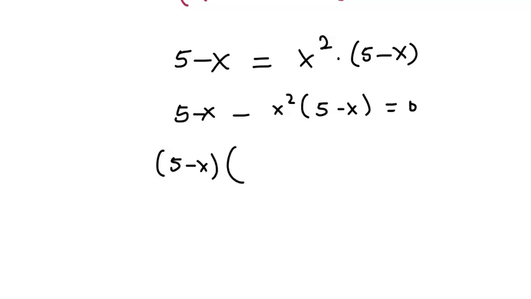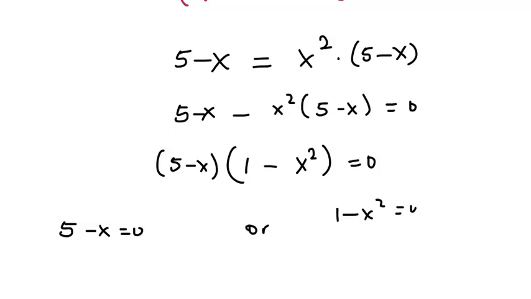So we have here 5 minus x divided by 5 minus x, we have 1 minus x squared times 5 minus x divided by 5 minus x will give us just x squared. And this is equal to 0. So from here we have 5 minus x is equal to 0, or 1 minus x squared is equal to 0. From here, x is equal to 5, right?